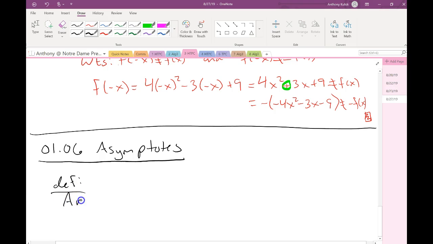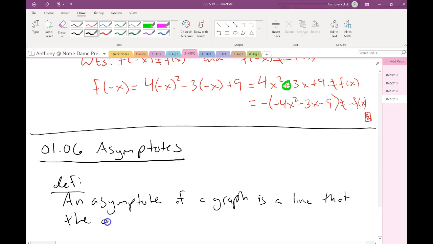We say an asymptote of a graph is a line that the graph approaches but never touches.